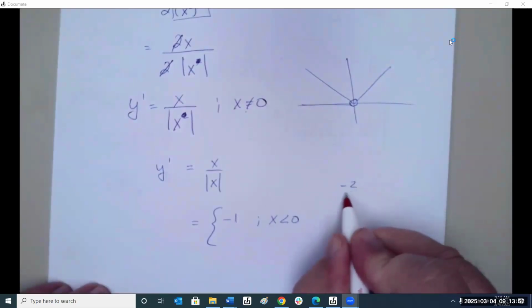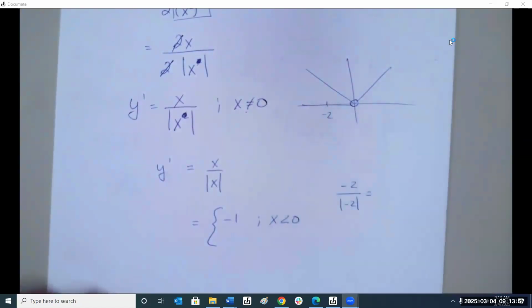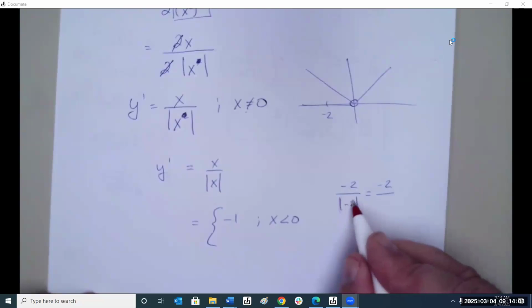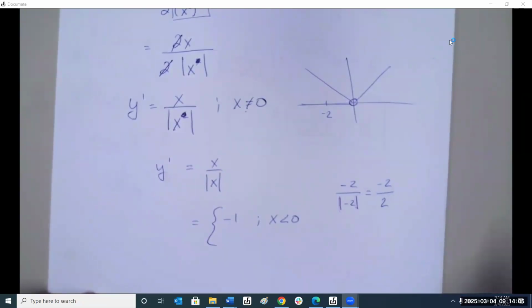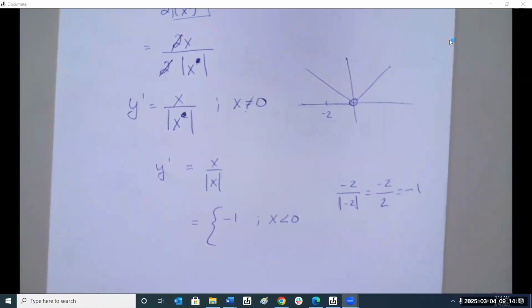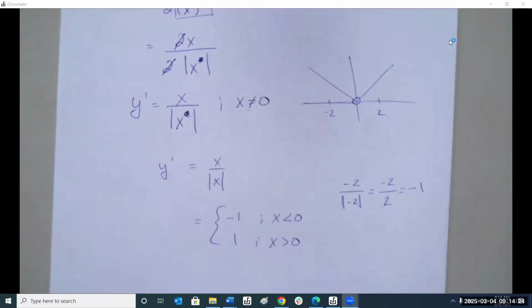If I put -2 inside there, top is -2, the absolute value of -2 is 2. So negative over a positive is negative, 2 over 2, so it's -1. That's the slope. And what is it on the right-hand side? It's +1. So there's your definition for the rate of change, the derivative of the absolute value function.